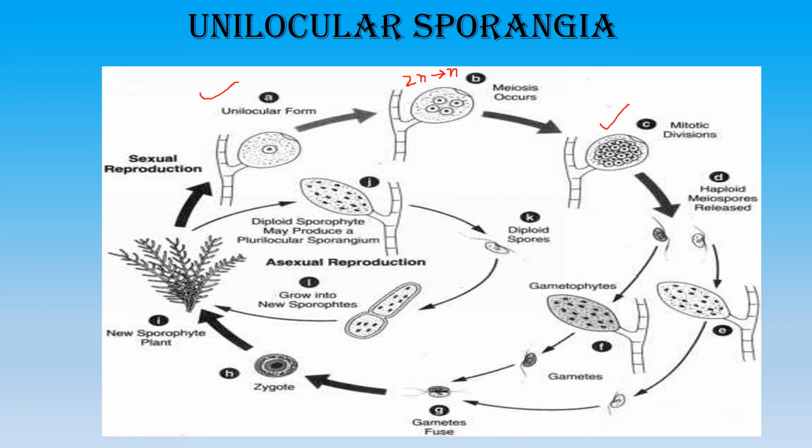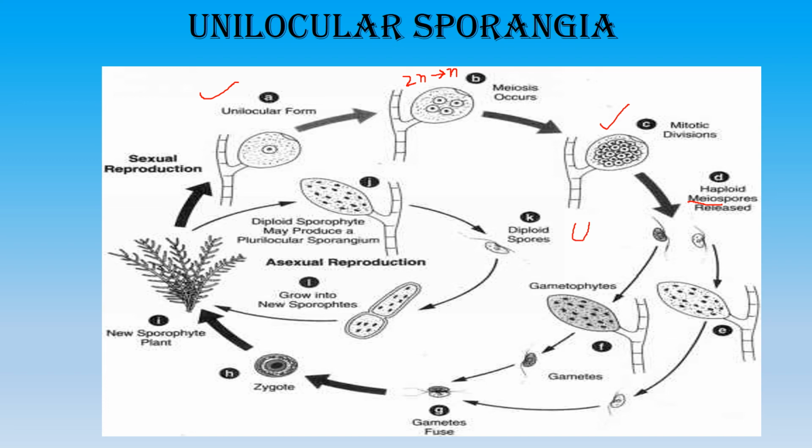So there is karyokinesis but no cell wall formation. They divide repeatedly and accumulate protoplasm around them, but later they develop a membrane and metamorphose into zoospores. These are haploid zoospores, and as meiosis has happened in step B, not all the spores are of a similar type.